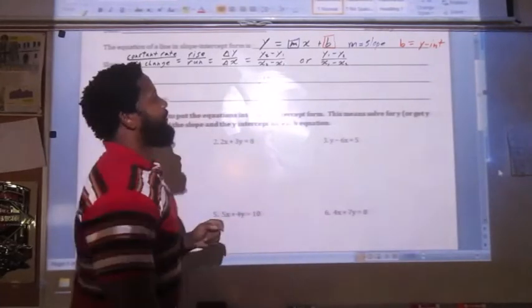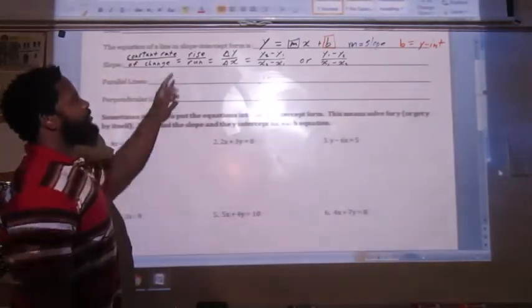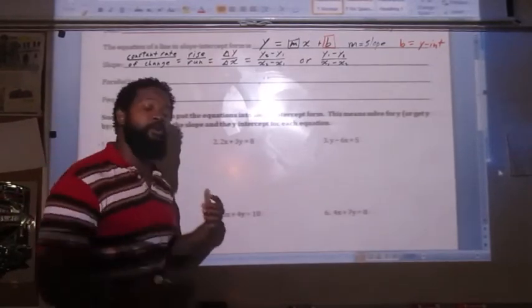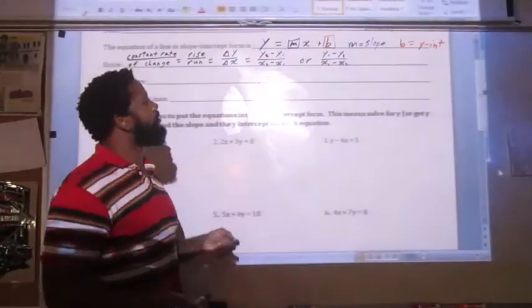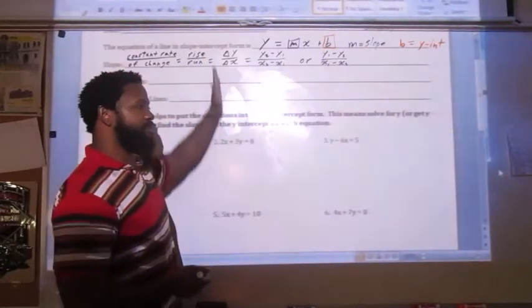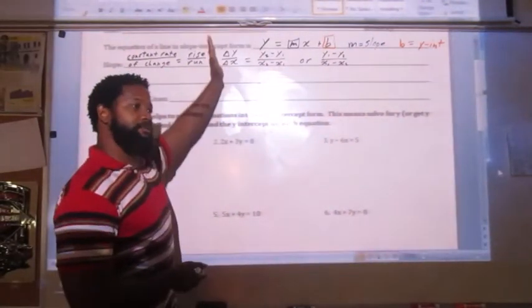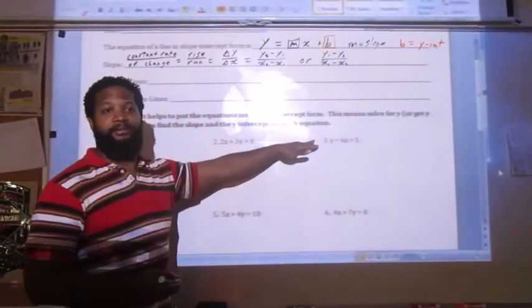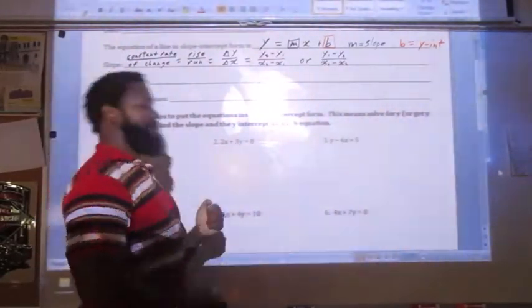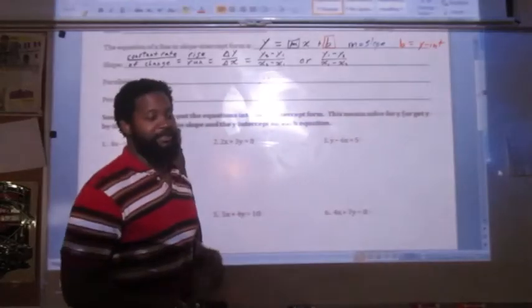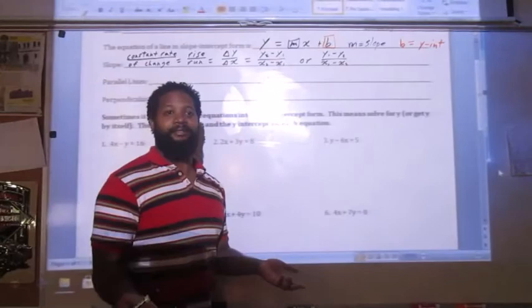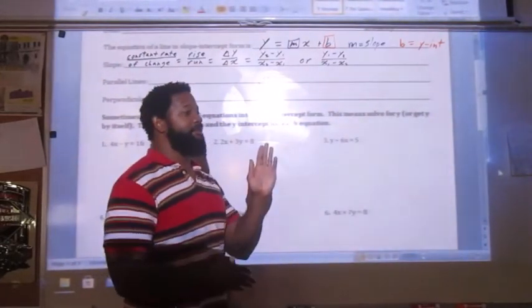Now, rise over run. The reason it's rise over run is because on a coordinate plane, the y is vertical. It goes up and down. The x is horizontal, left to right. You're not going to run up. You're not going to run down. You literally run left to right.